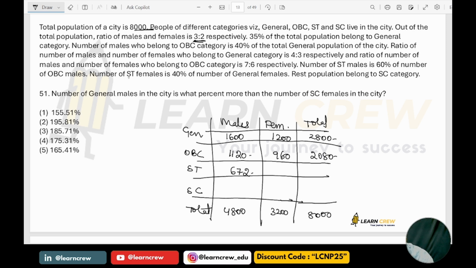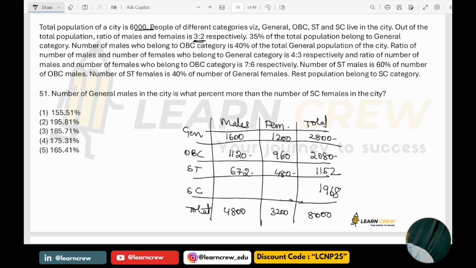The number of ST females is 40% of the general females. 40% of 1200 is 480. So 672 plus 480 is 1152. Now the remaining would be how much? 32% means the remaining is 68%, which is 1968.